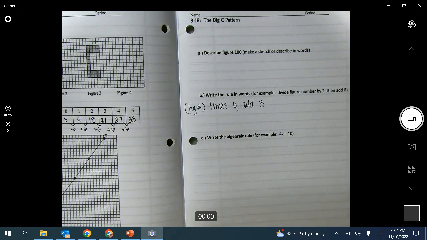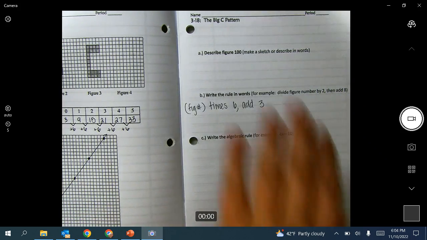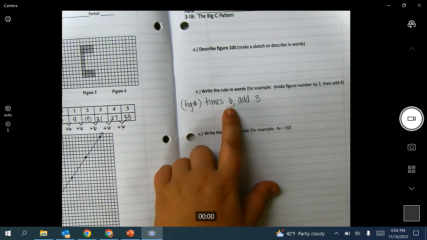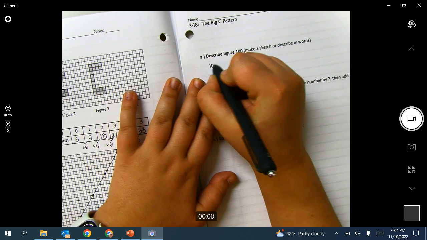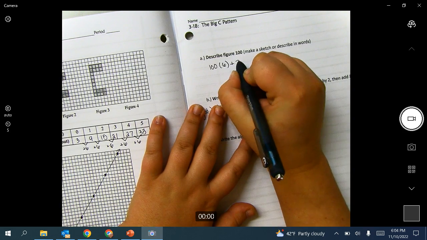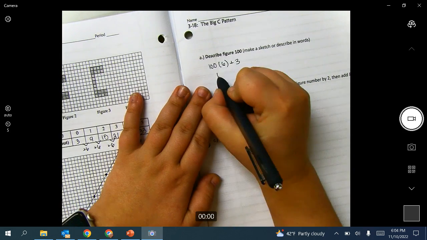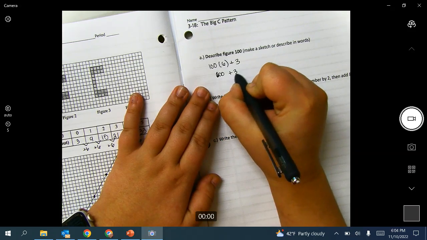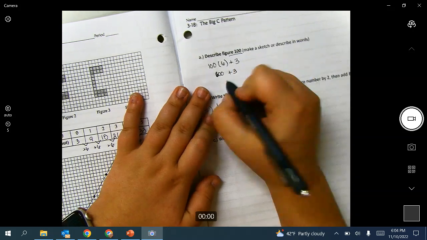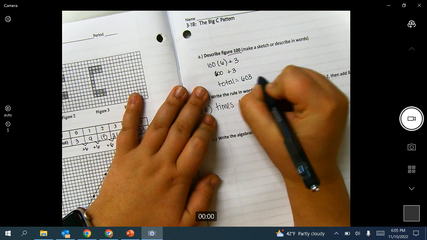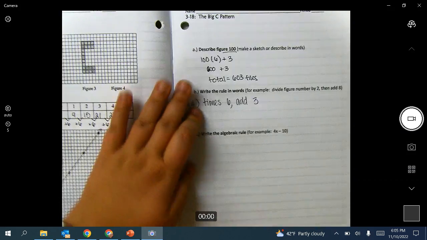So if I'm trying to figure out figure 100, I need to do 100 times 6, and then plus 3. That would give me 600 plus 3, which means that figure 100 would have a total of 603 tiles.